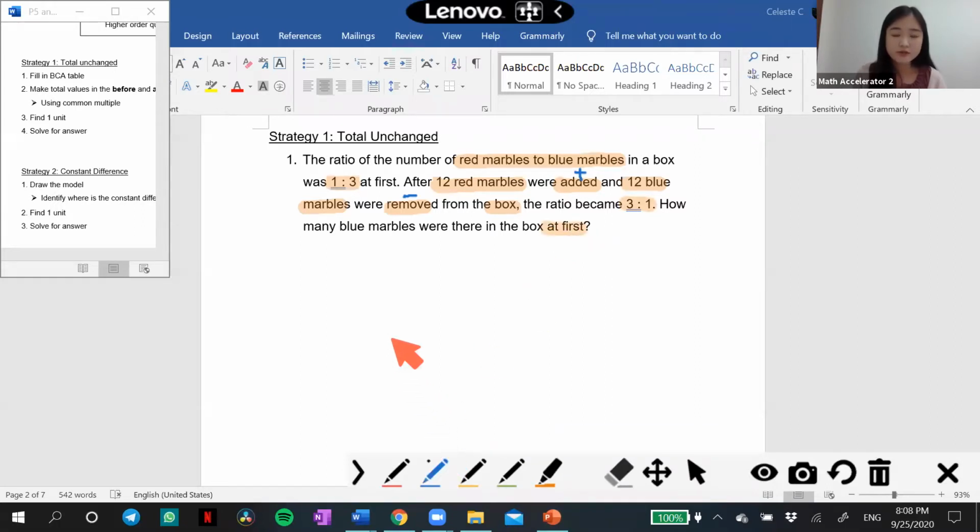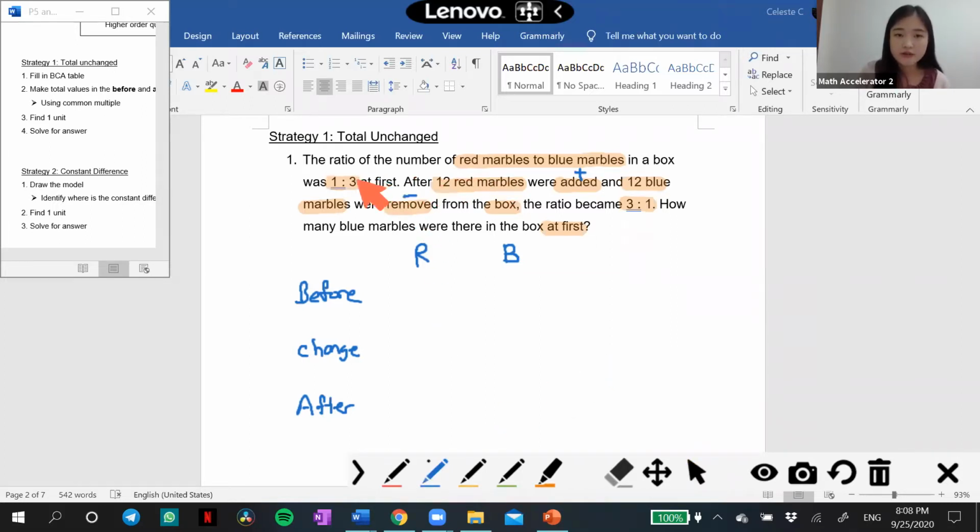Step 1, fill in the BCA table. We have red and blue marbles. B for before, C for change, and A for after. Fill it in with whatever you highlighted.